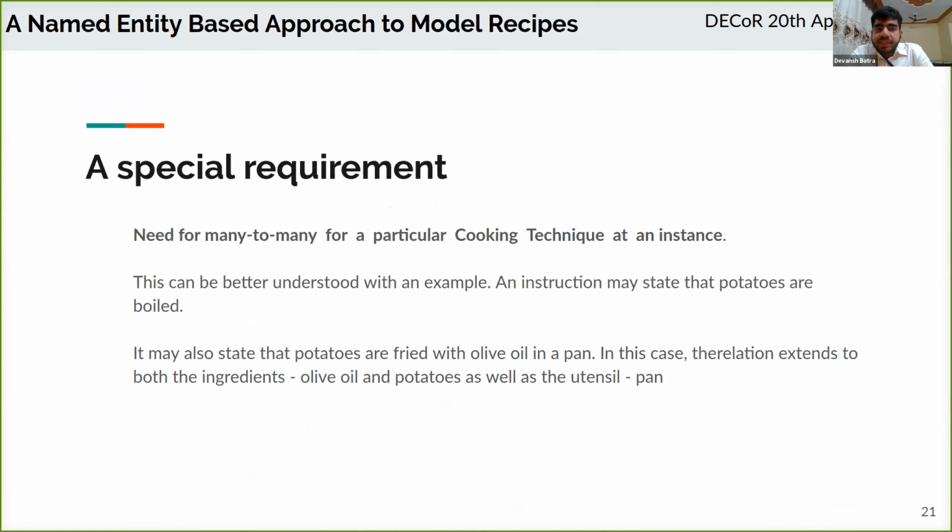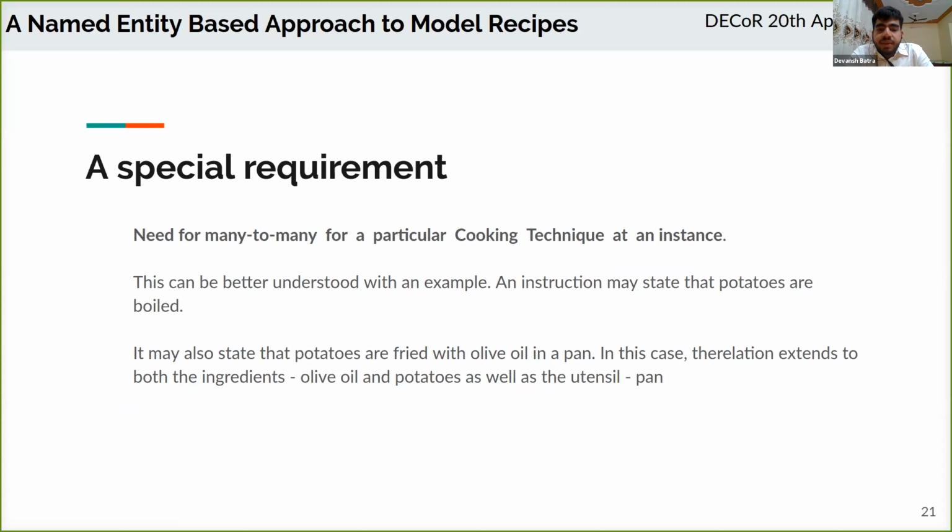But there is a special requirement which we have for this purpose, the need for many-to-many relationships. This can be better understood with an example. An instruction may state that potatoes are boiled. It may also state that potatoes are fried with olive oil in a pan. In this case, the relation extends to both the ingredients olive oil and potatoes as well as the utensil pan.